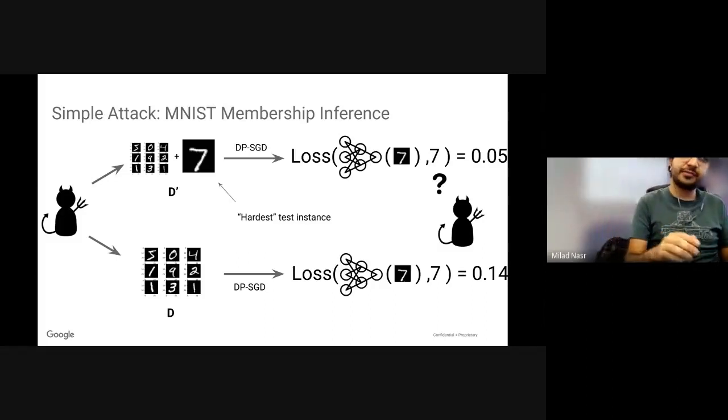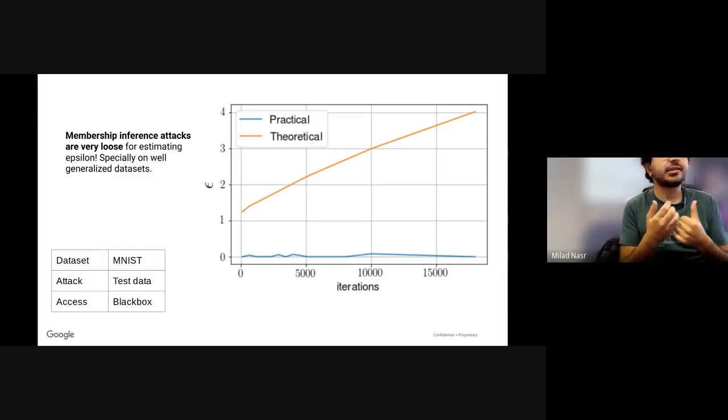When we do all of these things, we do the hypothesis testing, compute the false positive and so on, and convert it back to the epsilon. We get a result like this, which is not good looking because the theoretical bounds are way more than the practical bounds that we get from this.